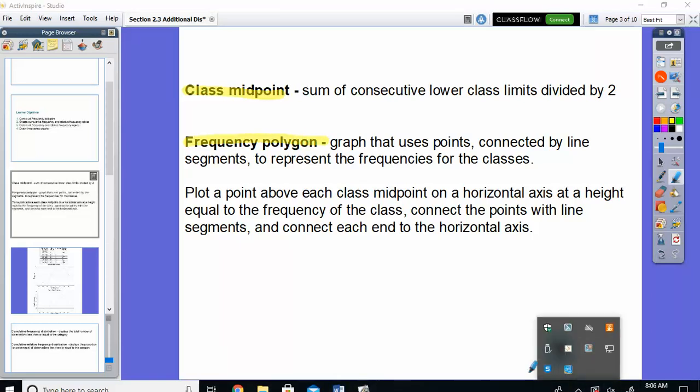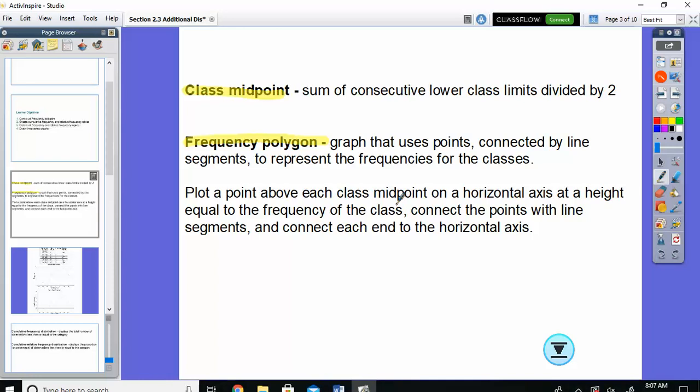A frequency polygon is really just kind of like a line graph. So you plot the point, you connect them with a line, but it has a couple special properties. We use this when we have classes of data. I'm going to go back and reference that Old Faithful example that we did before.